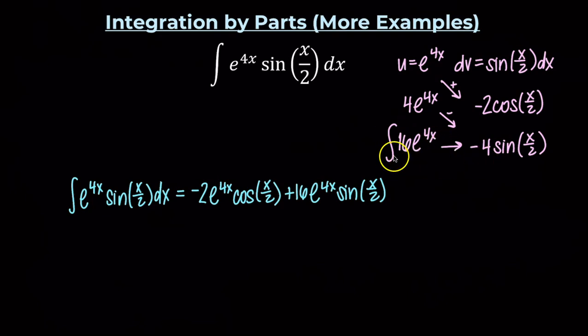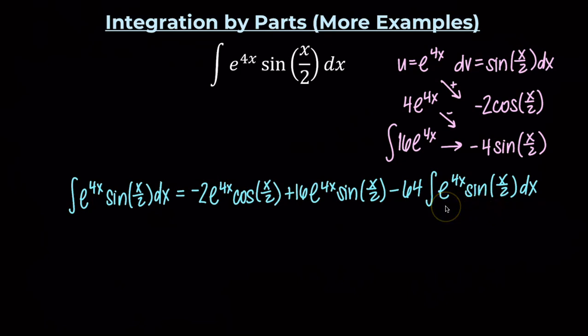But this horizontal is still an integral. So I'm going to take the coefficient out of the integral. That's 16 and negative 4, which multiplied together gives negative 64. So I have negative 64 times the integral of e to the 4x sine of x over 2 dx.